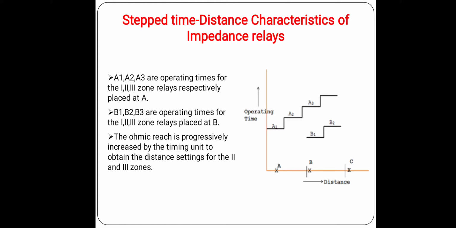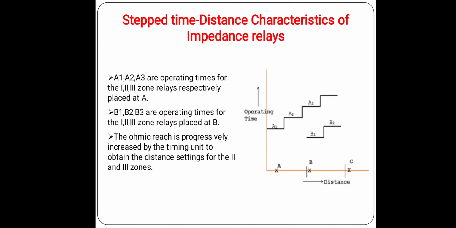Because of the cost factor and the panel space, it is not possible to use three measuring units for the three zones of protection. But in a modern distance protective system, only one measuring unit is employed for all three zones of protection. The resistance or the ohmic reach is progressively increased by the timing unit to obtain the distance setting for the second zone and third zone of protection.